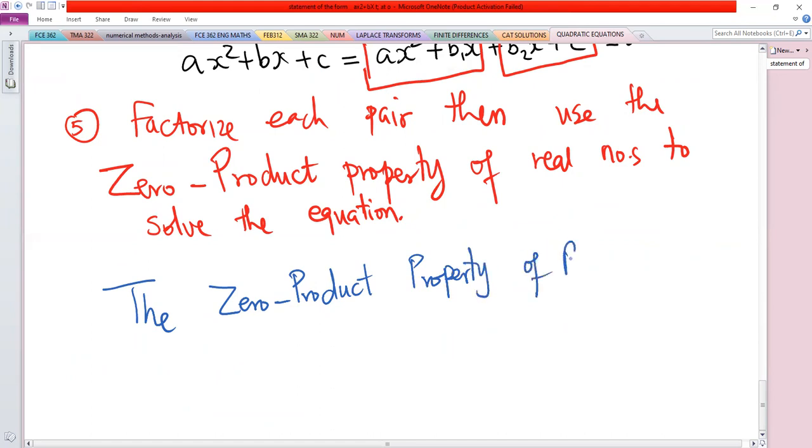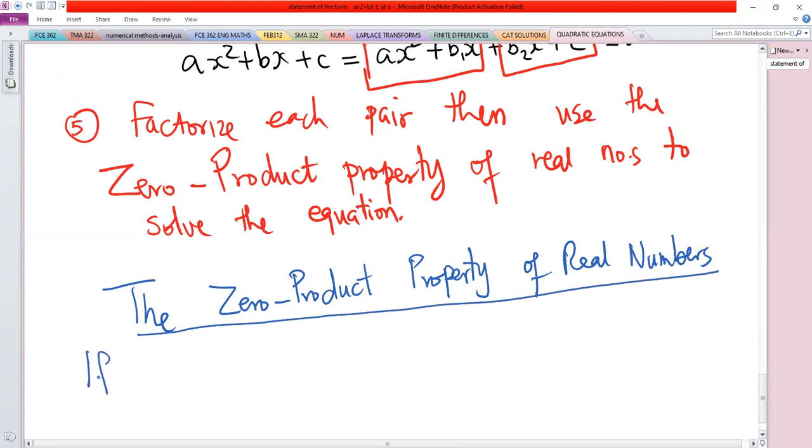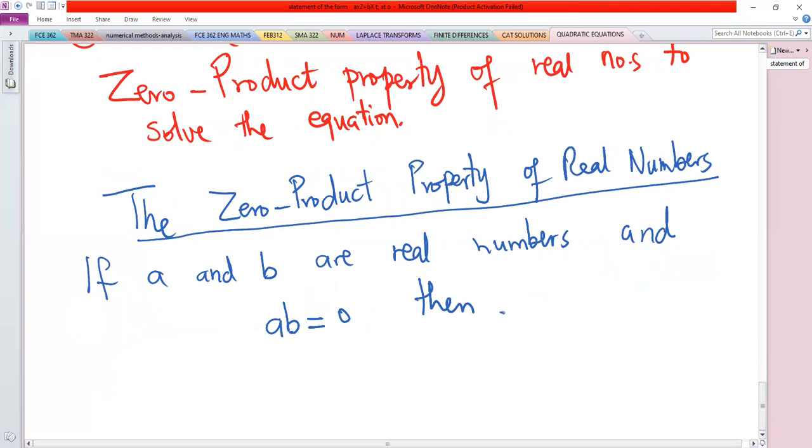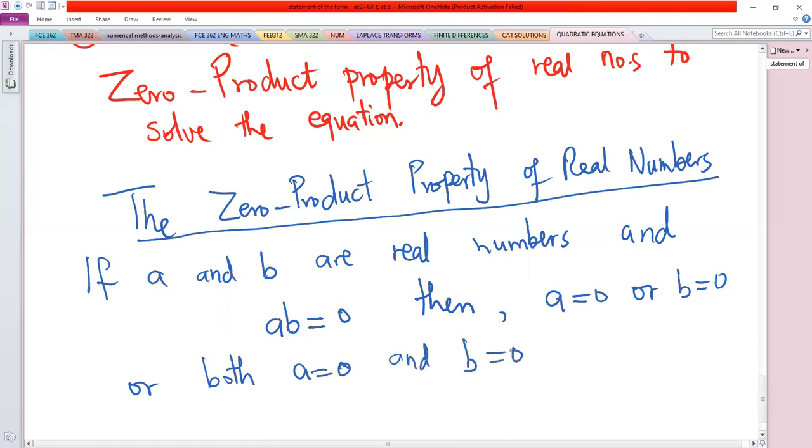This states that if A and B are real numbers, and the product of A and B is 0, then A equals 0 or B equals 0, or both A equals 0 and B equals 0.